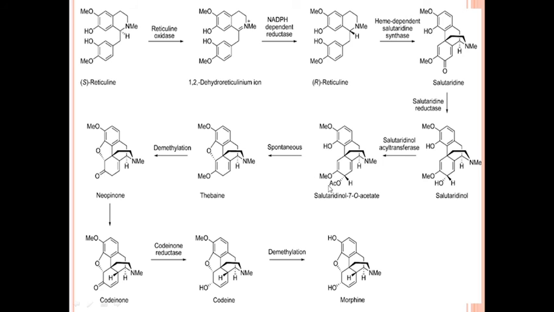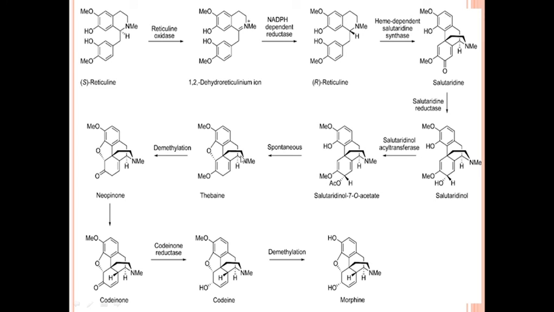Now that salutaridinol 7-O-acetate spontaneously converts to thebaine. So the first alkaloid which gets synthesized is thebaine. It is the major alkaloid which is formed. Now thebaine will undergo demethylation. This methyl group will be removed and it will produce neopinone, and that will convert to codeinone.